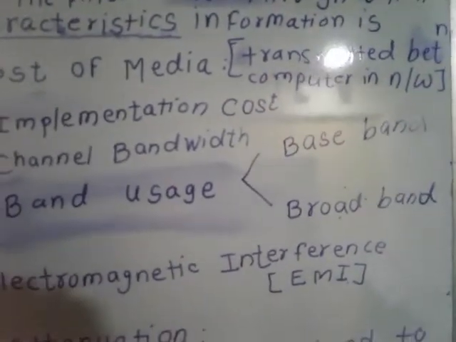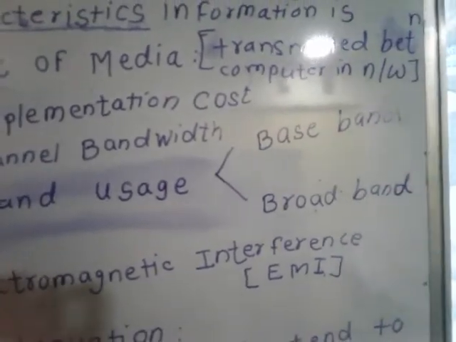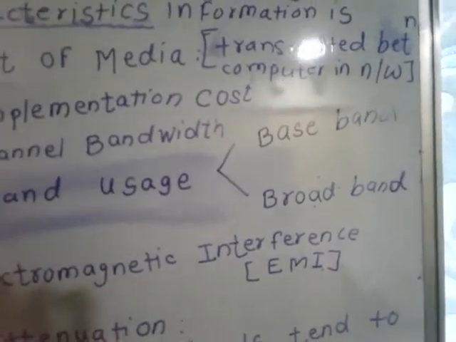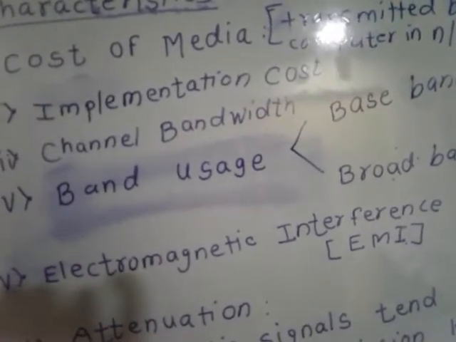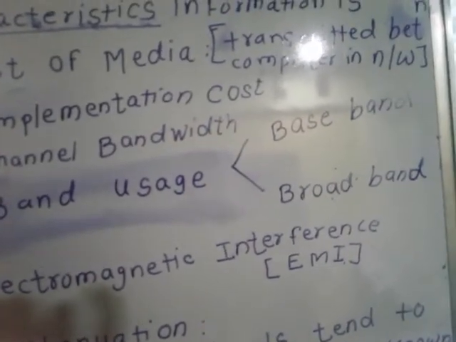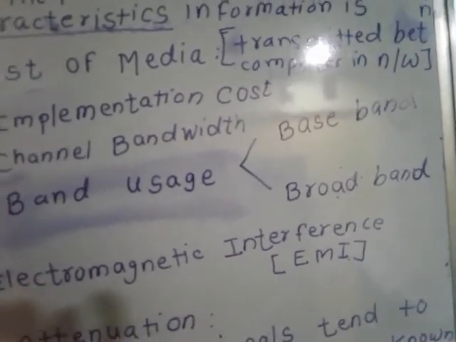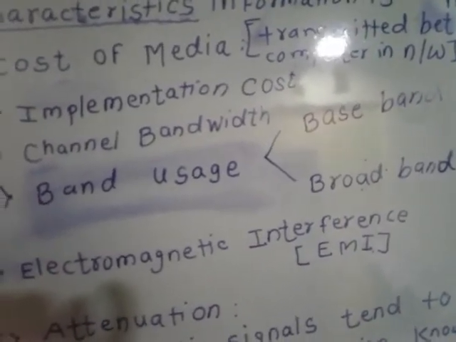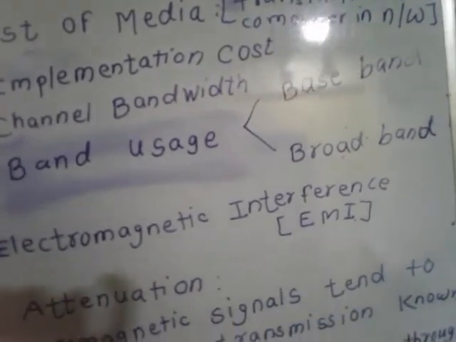Baseband devotes its entire capacity to only one communication channel, for example our telephone line. The telephone line gives its whole capacity to only one channel, so it is called a man-to-man conversation communication.